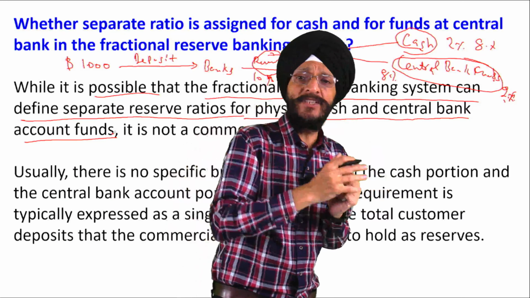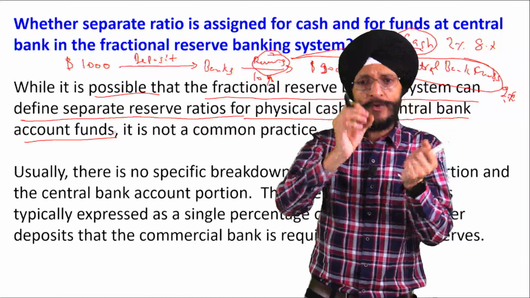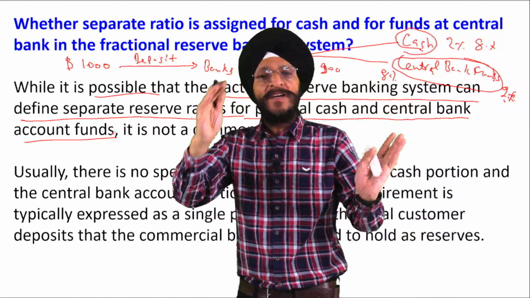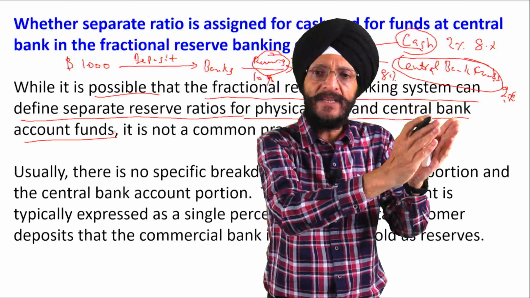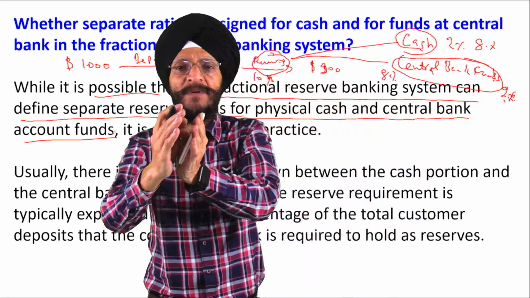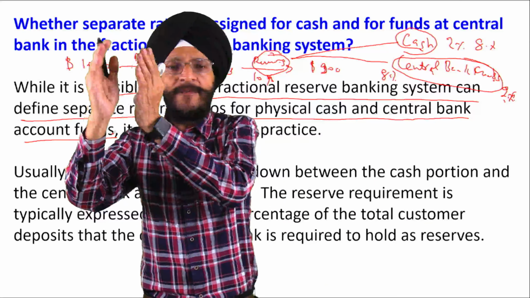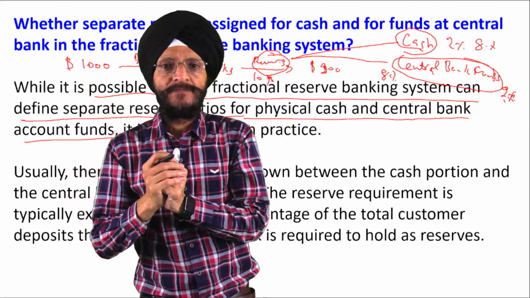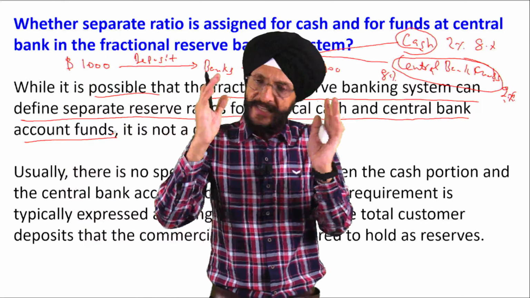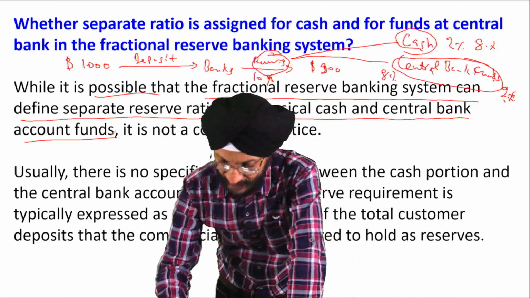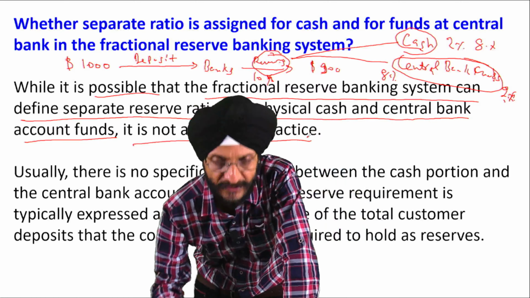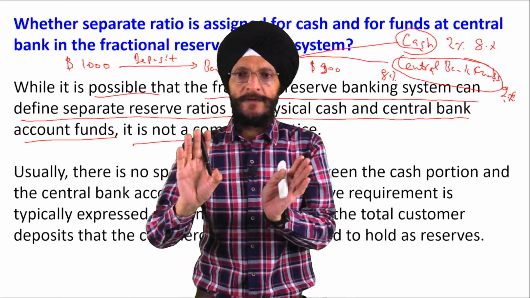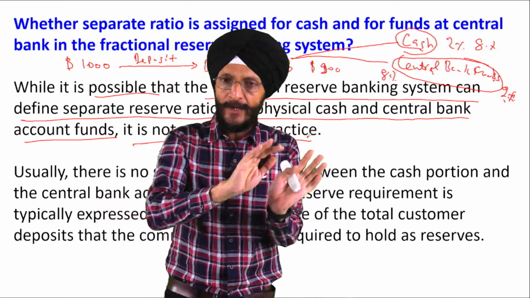The central bank also has the authority to decide how much percentage will be kept in cash and how much percentage will be kept in the funds of the central bank. They can decide, but it is not a common practice. Usually it is not done by the central bank, though they can do it.